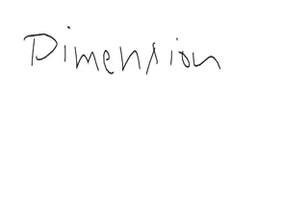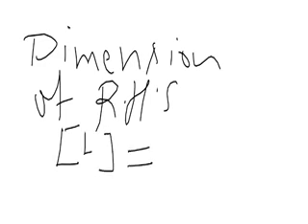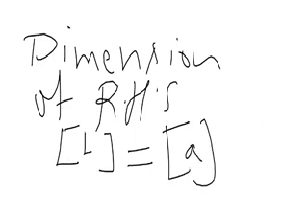So we say that the dimension of LHS should be equal to the dimension of RHS, that is A. A having the same dimension, right? So, X equal to A means what? The dimension of A should be equal to the dimension of X. So in this way we say that the dimension of A will be L.